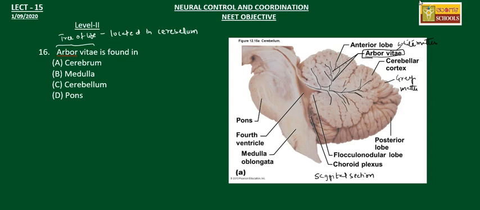In this picture you can also see the pons, and here is the fourth ventricle, which is filled with cerebrospinal fluid. Then you can see the medulla oblongata, and here is the choroid plexus.